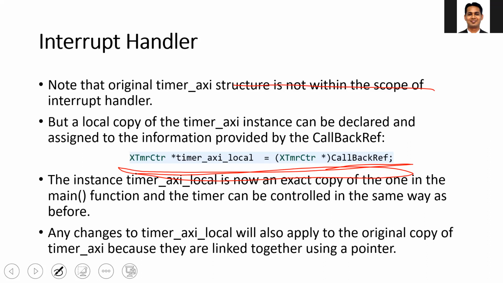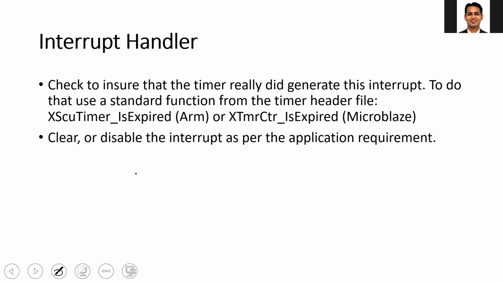Okay. This callback reference is very important to identify the source of the interrupt, and you can use the source of the interrupt to decide whether to read and write from particular registers inside the IP. So you can use this callback reference to ensure that the timer really did generate this interrupt. For example, there is a function called is expired, like timer control is expired.